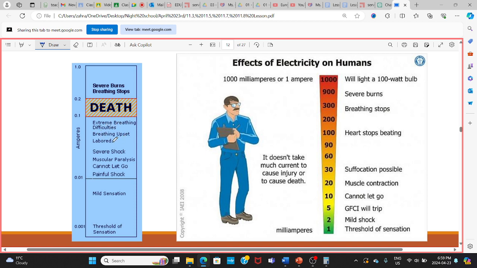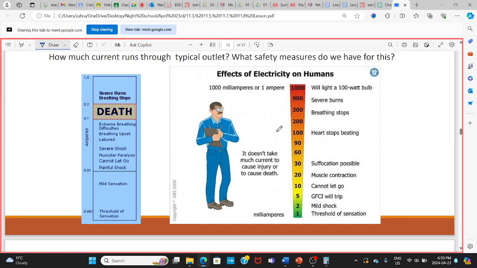It's breathing difficulties, severe shock, muscle pain, and so on. And from 0 to 0.01 is a mild sensation and not that bad, right? It's just about taking precautions. You're using different outlets, especially in factories. They have huge voltages or currents passing through their devices. It's more dangerous.